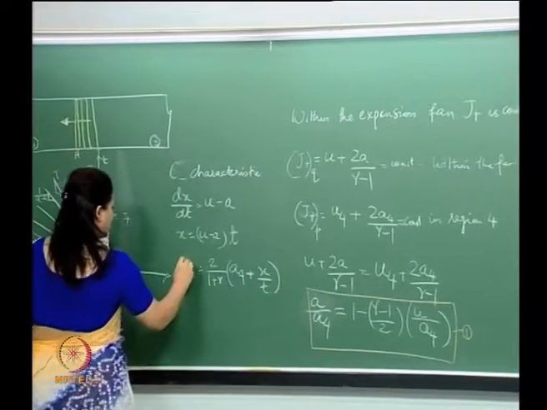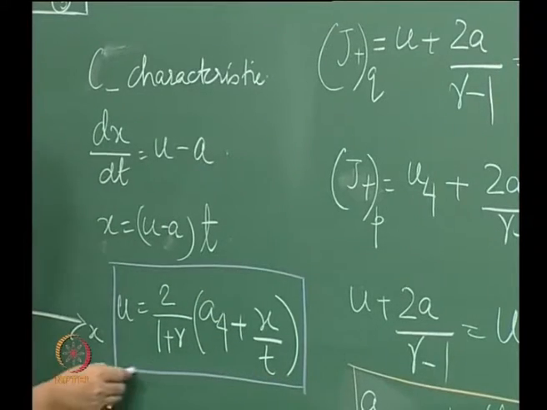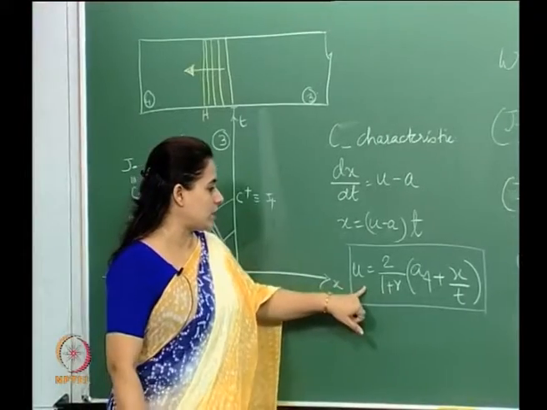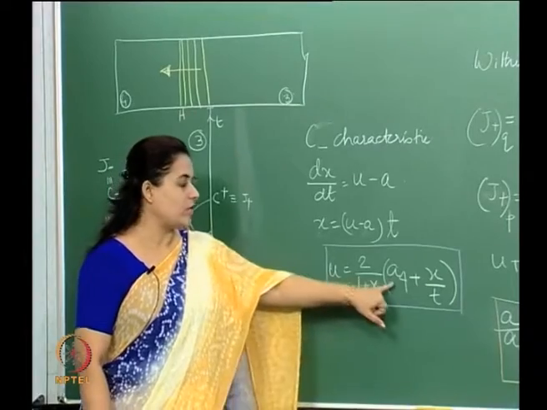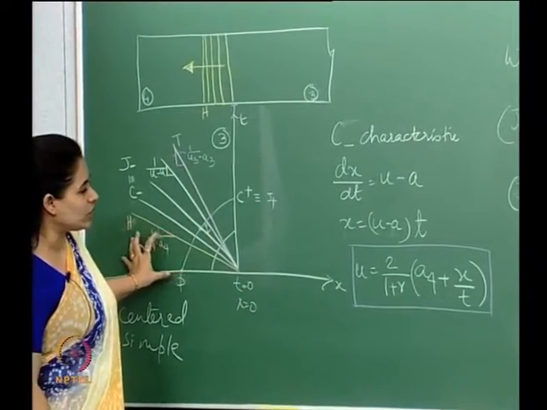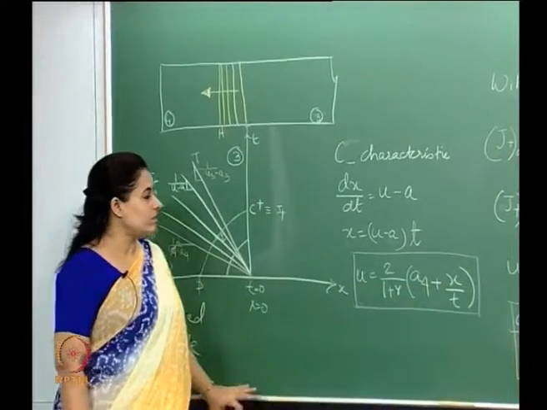This is an interesting result. What we see is that the local velocity is given in terms of the speed of sound in the region into which it is moving, which is the quiescent region, and x by t.